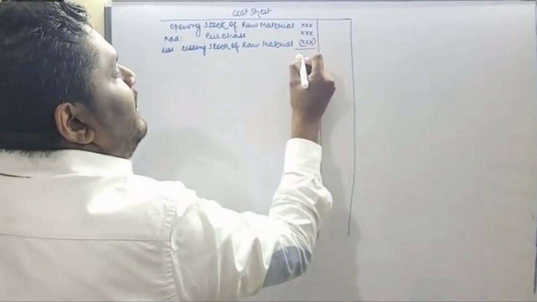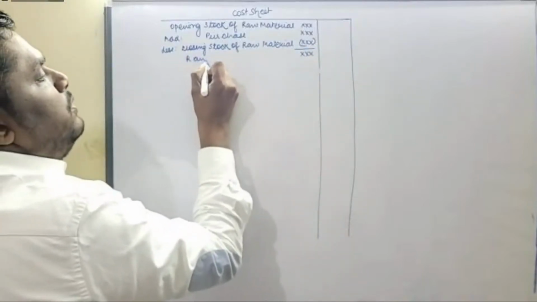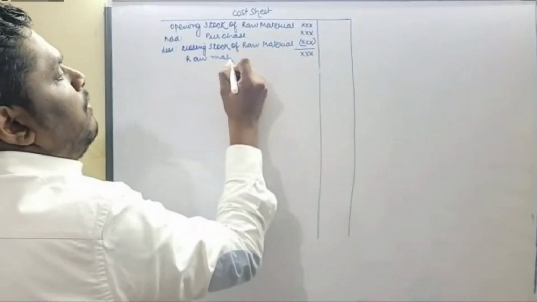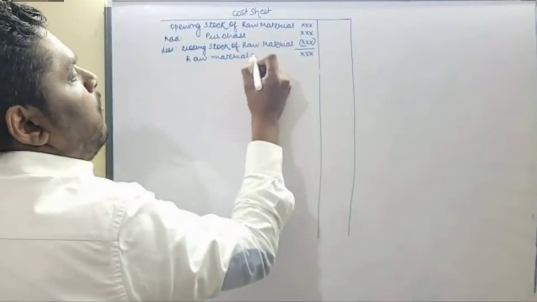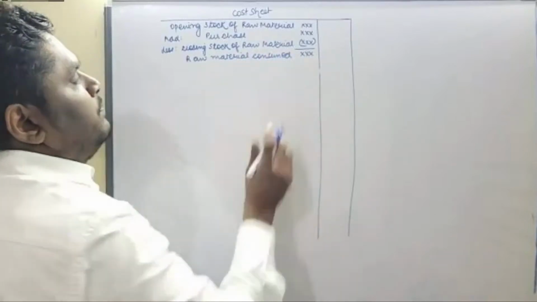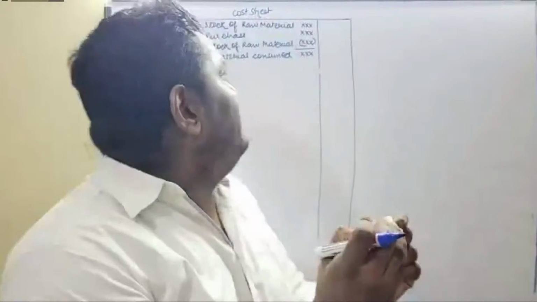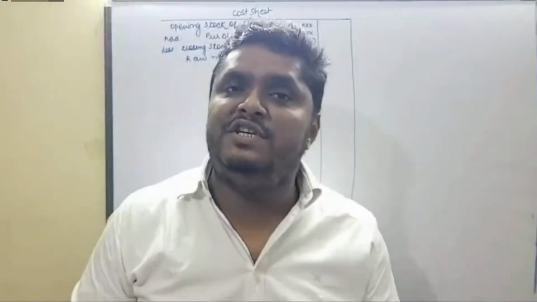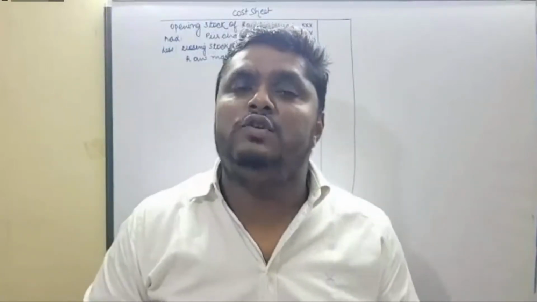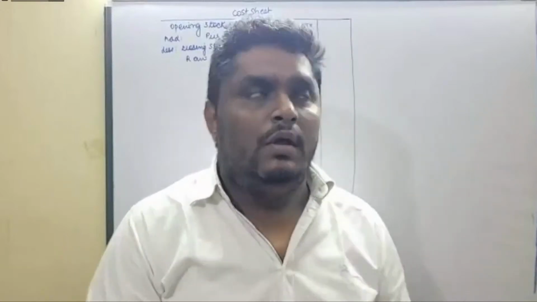This is how we will get raw material consumed. So the first point in the cost sheet is opening stock of raw material. We will add whatever the raw material that is purchased and we will deduct the closing stock of raw material to get the final value that is the raw material consumed.